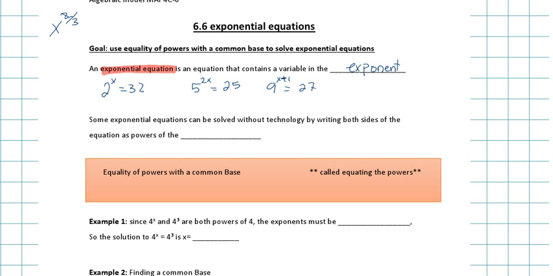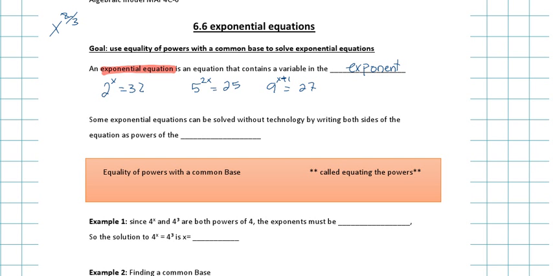I'll come back to this. So, there's easy ones, there's hard ones, like anything else. Okay? So some exponential equations can be solved without technology by writing both sides of the equation as powers of the same base.